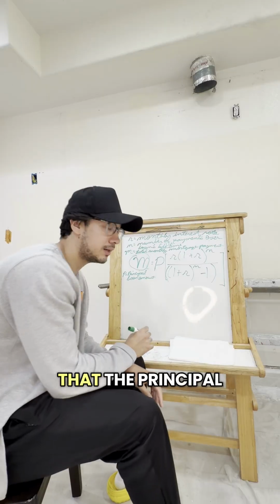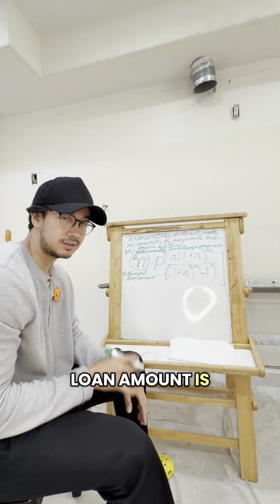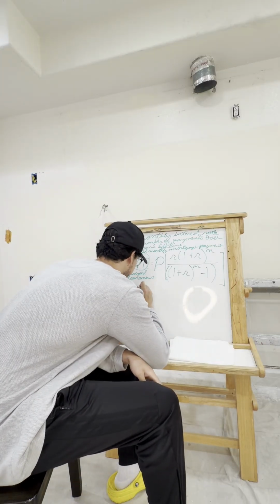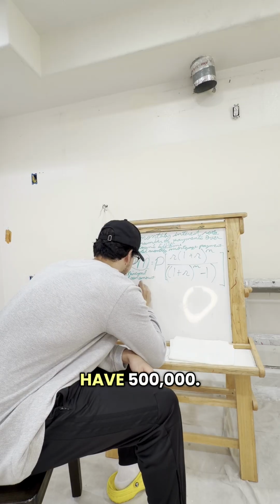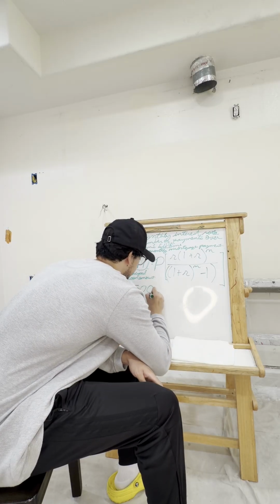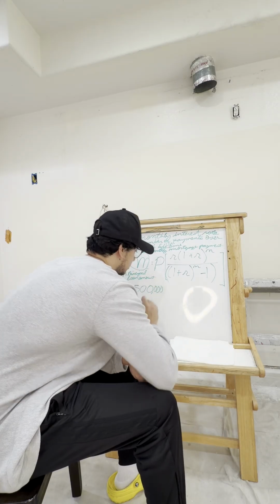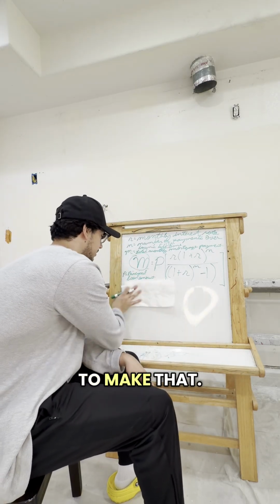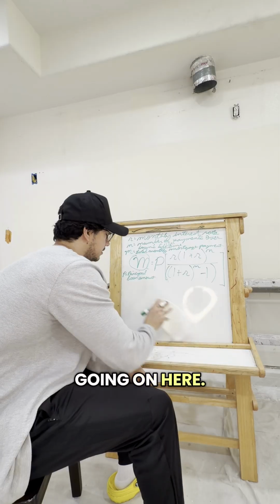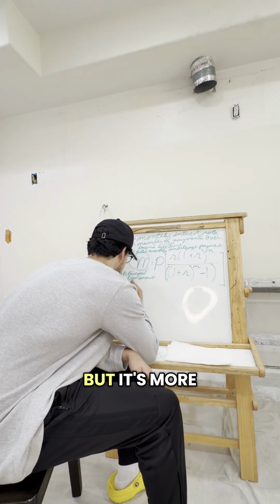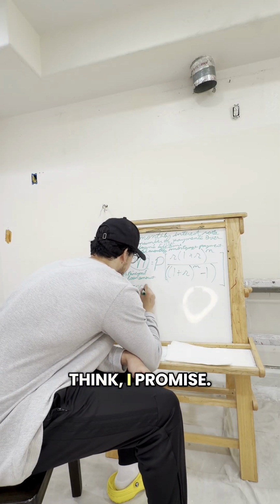So let's assume that the principal loan amount is 500,000. So here we have 500,000. There's a lot going on here, but it's more simple than you think, I promise.